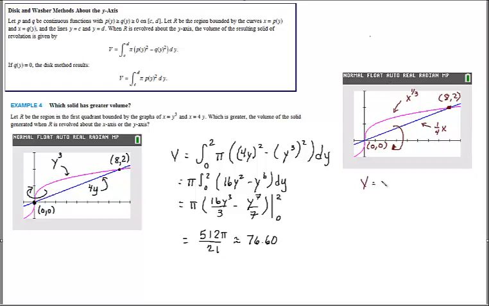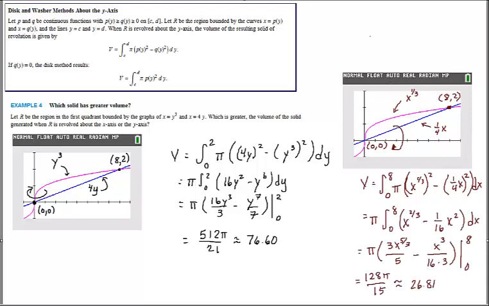My volume is going to be, since I'm rotating it about the x and creating this washer in this fashion, my limits of integration are going to be from 8 to 0, because this is going to be with respect to x, pi. My function that is on top in this case is the x to the 1/3 quantity squared minus the bottom function is 1/4 x quantity squared dx, and then I'll do that algebra and probably a little bit of the integration.